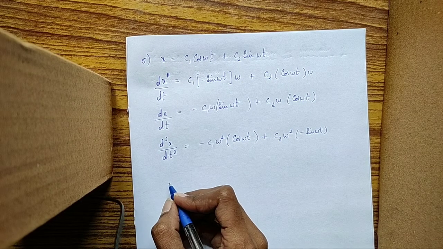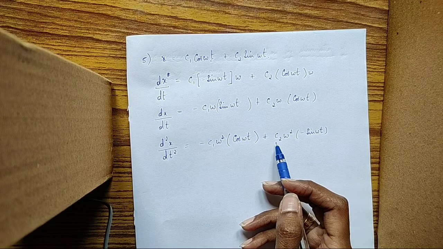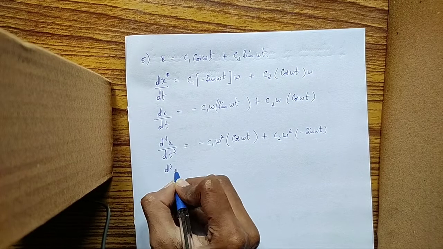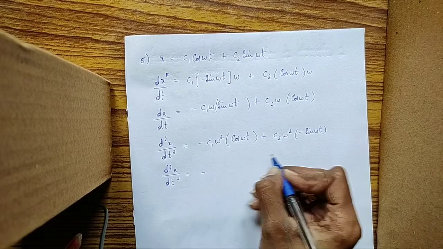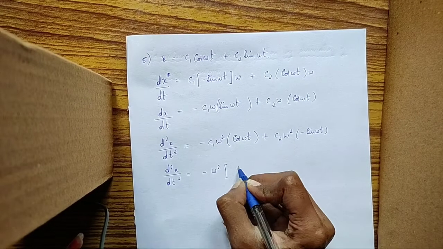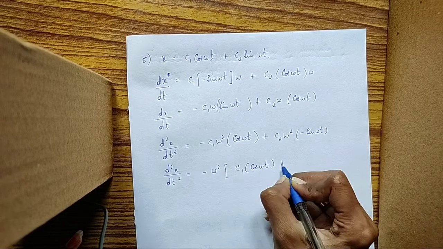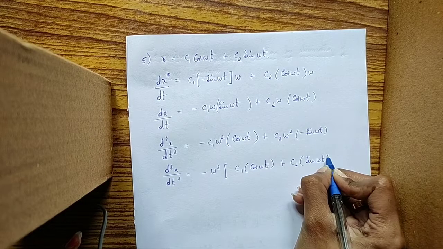So we cannot eliminate c1 and c2 from here. Again we came to that conclusion, right? But there is one more method here. I'll take minus omega squared common outside. What is left is c1 cos omega t plus c2 sin omega t.